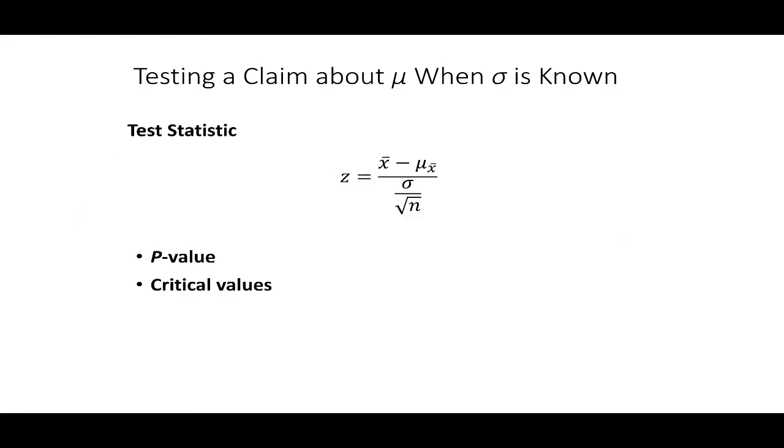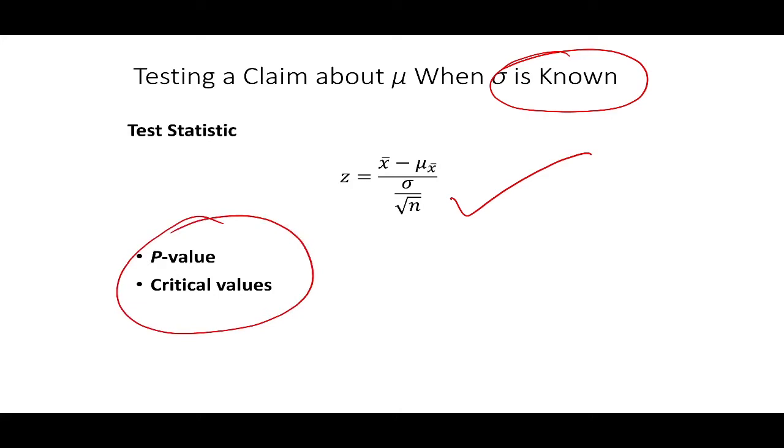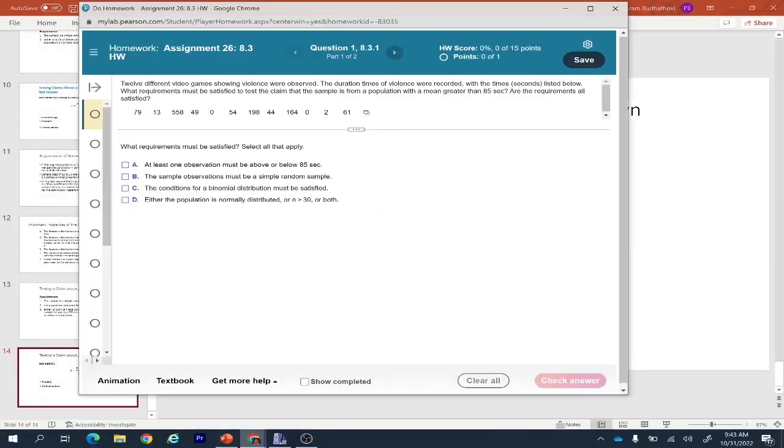So this is the formula we use for finding the test statistic whenever the standard deviation for the population is known, and we can find the p-value or critical value by using technology. So these are the things we have to use in this section. Let's go over some problems from this section.